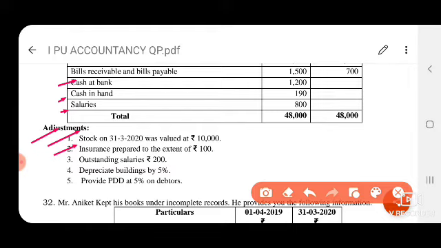PL account you have to minus, in balance sheet asset side. Outstanding salaries, so it is unpaid, so unpaid should be added in PL account and again shown in balance sheet liability side. Depreciate building, PL account debit side and again in balance sheet we have to minus in building amount. PDD at 5% on debtors, PL account debit side and again in balance sheet we have to minus.